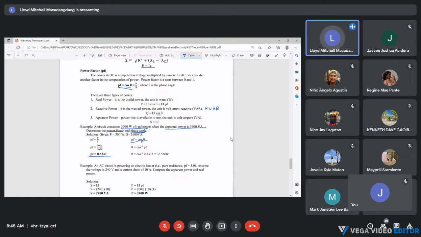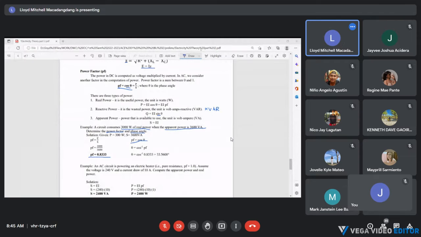So yan, calculator. So given nakuha na natin si power factor, so theta na lang yung unknown. So theta is equals to cosine inverse of the power factor. So makuha natin, power factor natin is 0.833. So inverse cosine 0.8333.